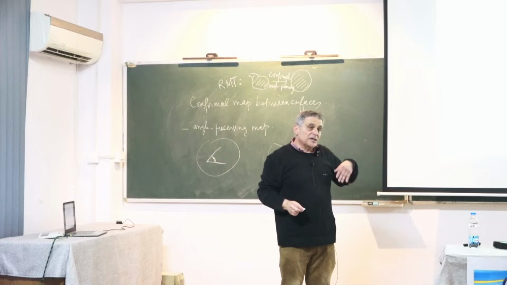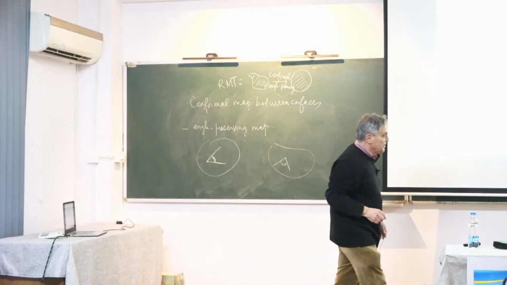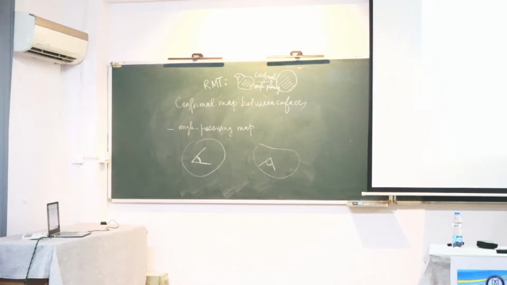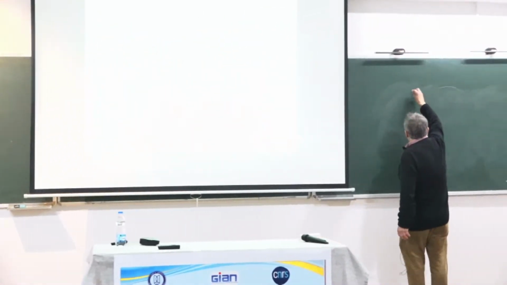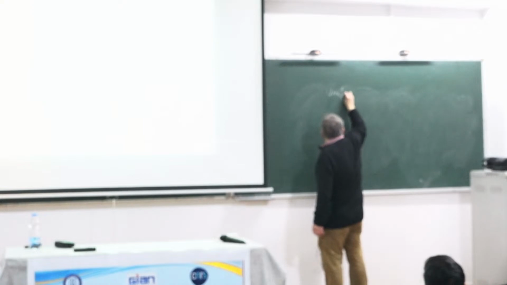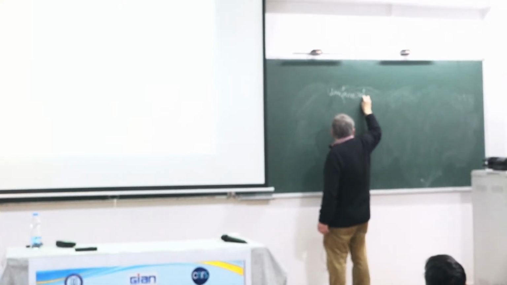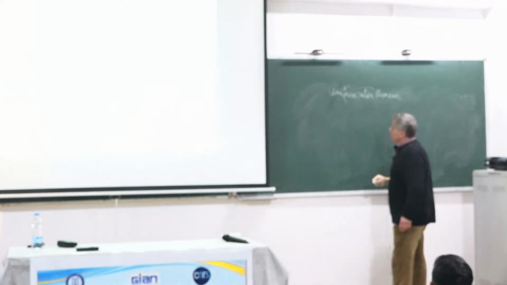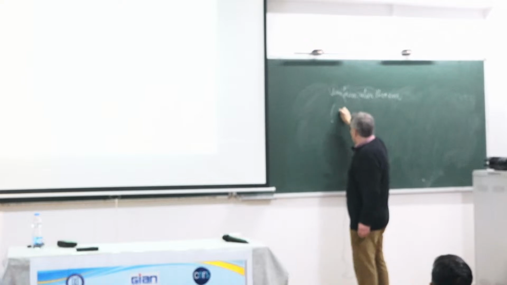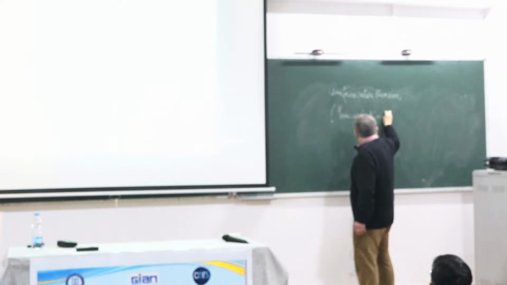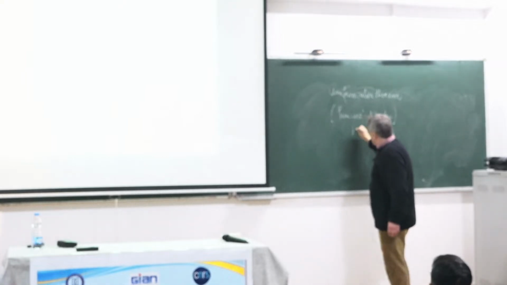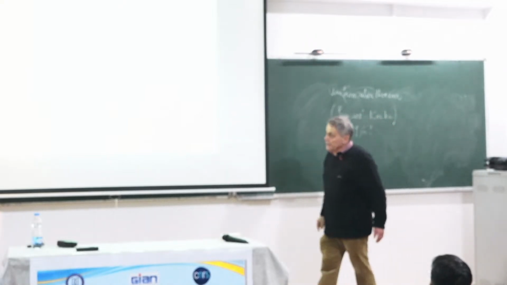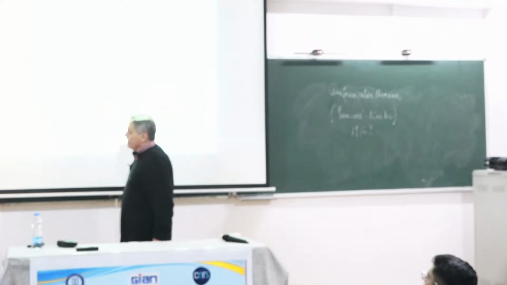Now, there are generalizations. There are many generalizations, and the most general statement is called the uniformization theorem. And this is attributed to Poincaré and Koebe. I think the year is 1916 or something like that.